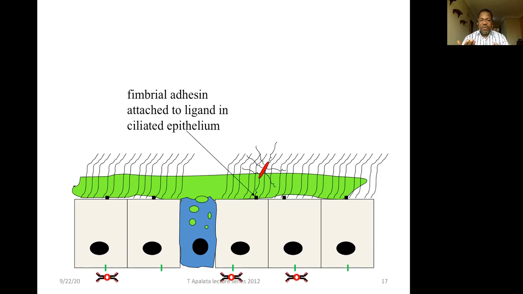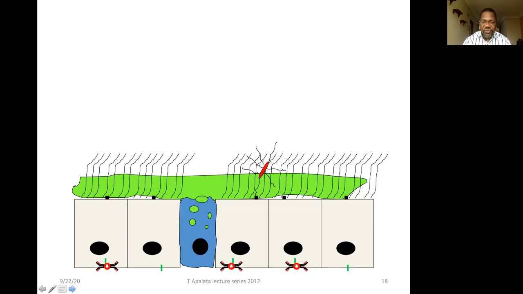Then at the bottom, you can see that there are immunoglobulins that are released there. Those are immunoglobulin A that are released to try to contain the infection. Then from there, we also have other cells that are coming to the site of infection.